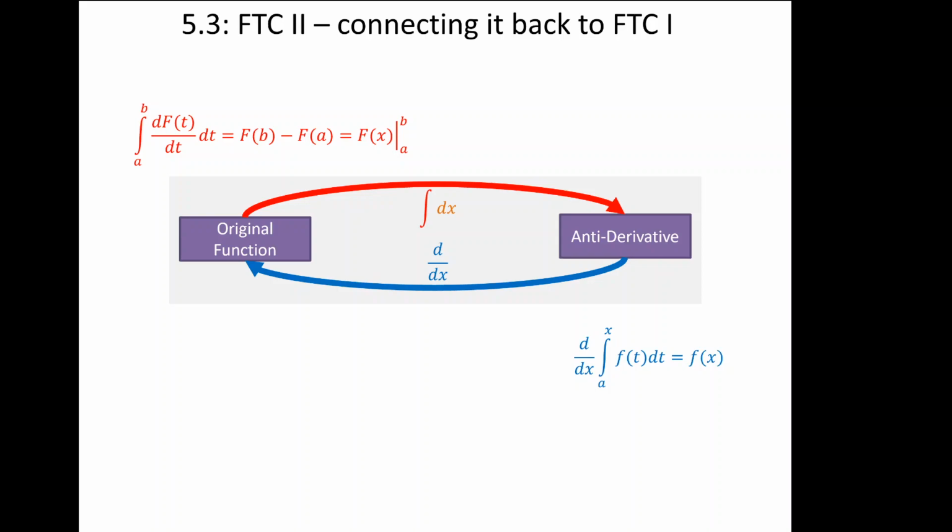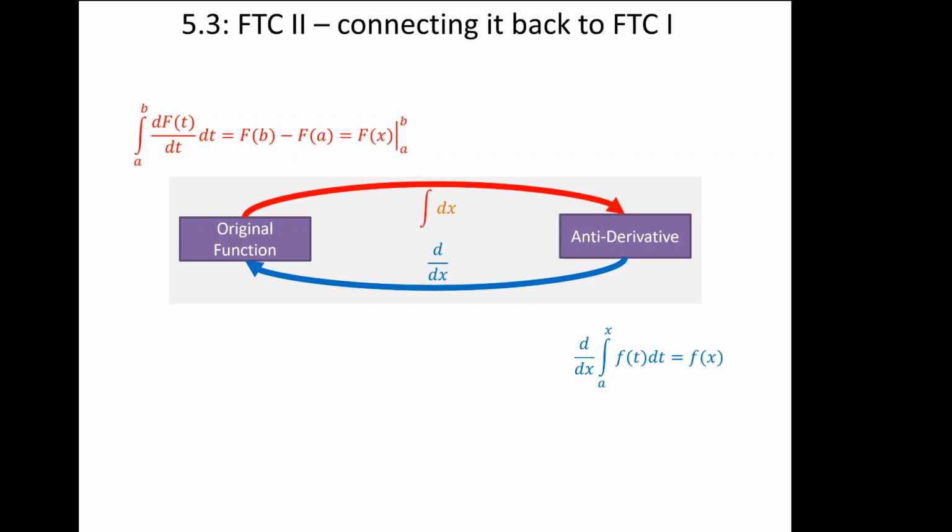What I really want to highlight inside this section is the relationship between derivatives and antiderivatives. We're exploring that relationship much more deeply now. When you take the derivative of an antiderivative, you get the original function back, and when you integrate the derivative, you will also get the original function back.